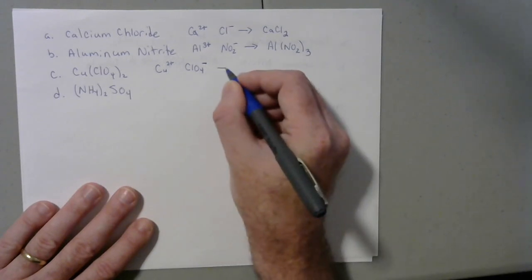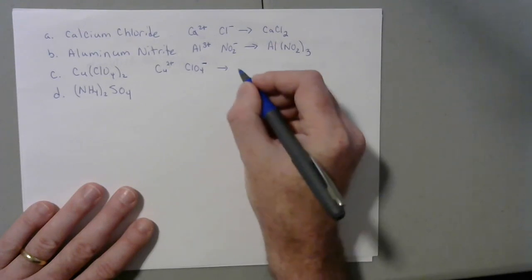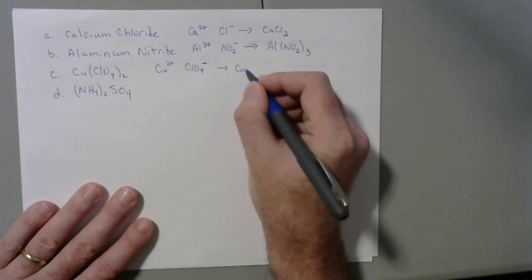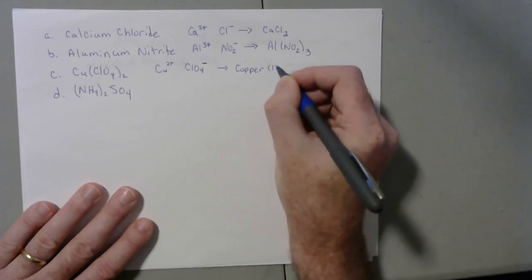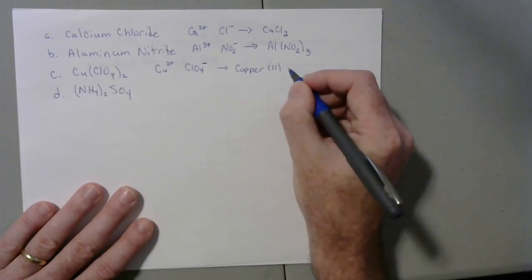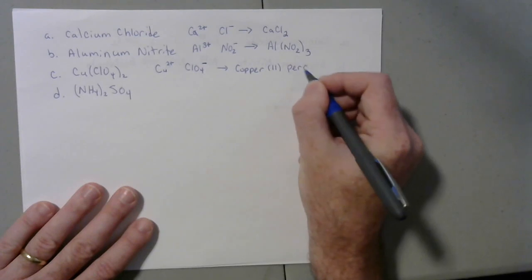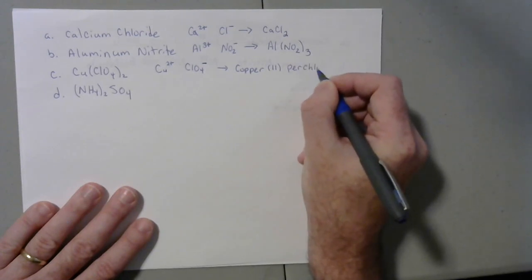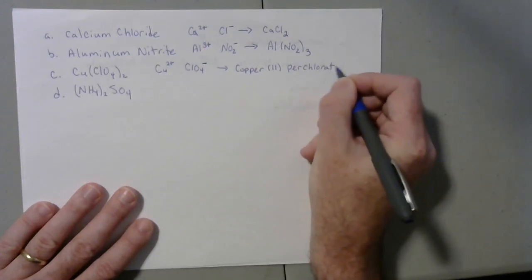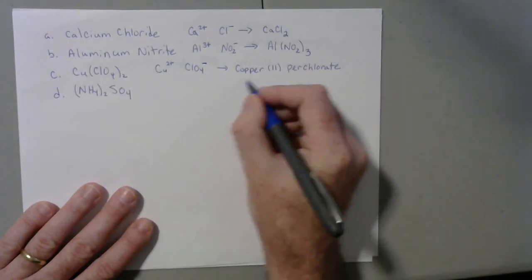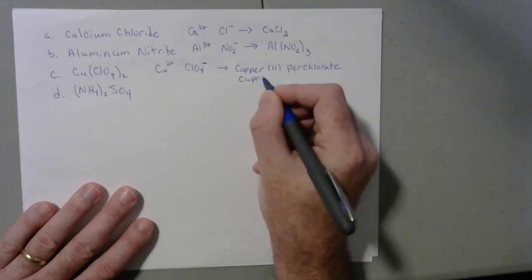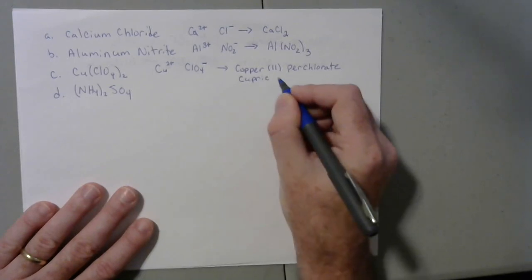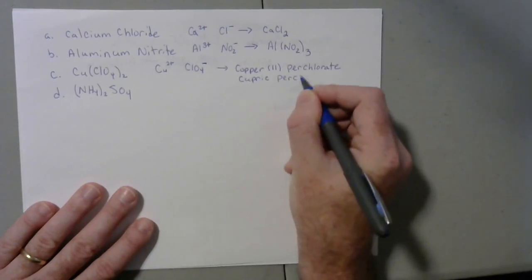And so what we're going to do is we're going to call that copper(II) perchlorate. Alternately, instead of copper(II), we could have said cupric perchlorate.